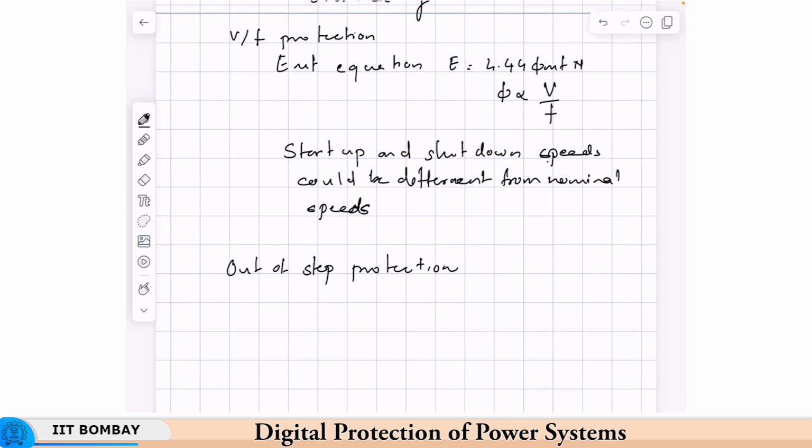But in this case, a slight addition to that discussion is, now modern generators have high XD, and the EHV connected networks have lower and lower impedance, have low reactance.